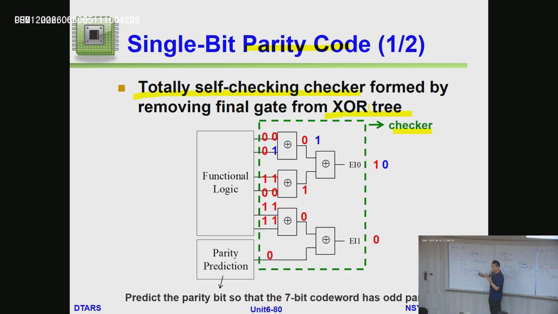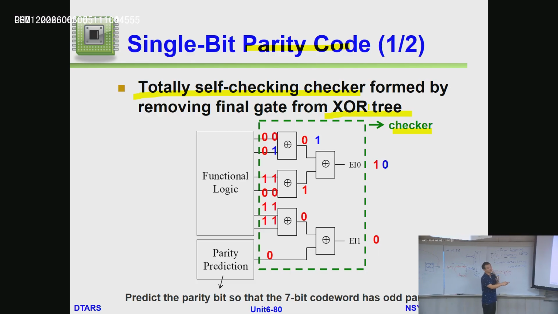If it is illegal, then we say your checker is faulty. For example, if you find the output is 1 1 or 0 1, that means that your checker is faulty. If the code word is legal, then we check if it is 1 0 or 0 0 to determine if your functional logic is correct or not. So that is the idea of this one.